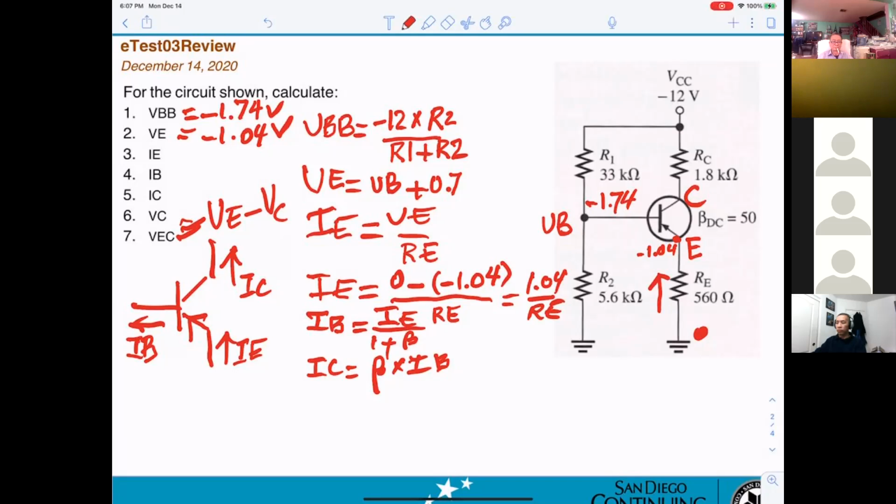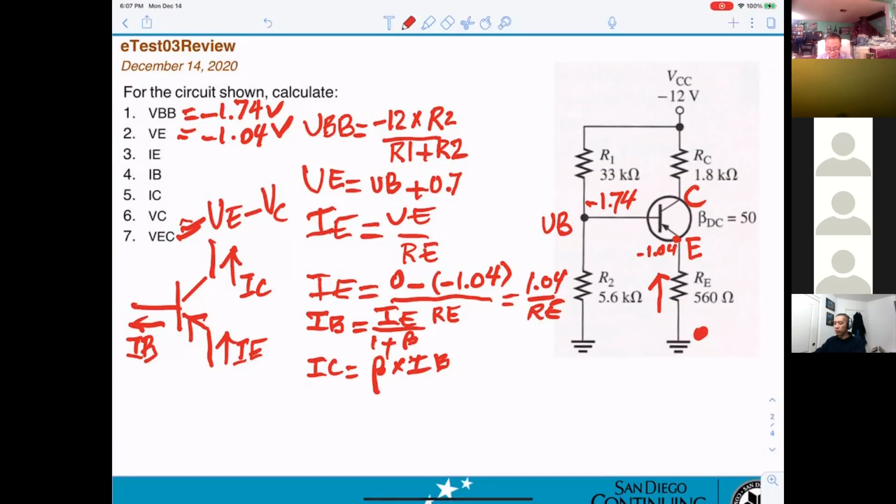Mr. Pham, can I ask a question? Go ahead. VE and VC are both negatives, but VEC is positive? Yes. If you calculate the VE, you get a negative, and the VC is still a negative.